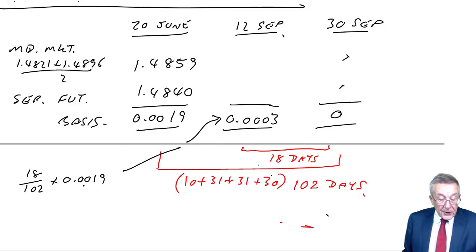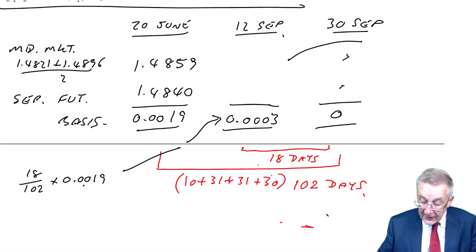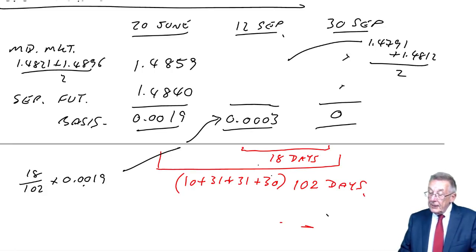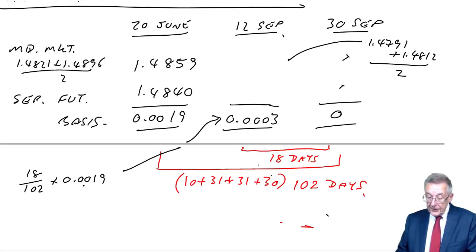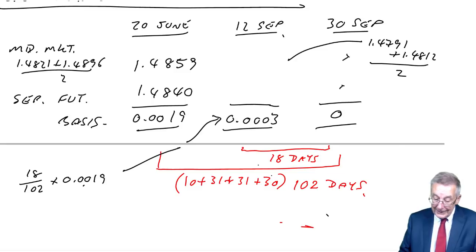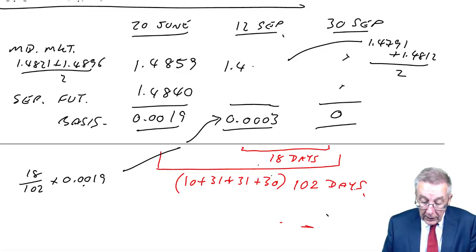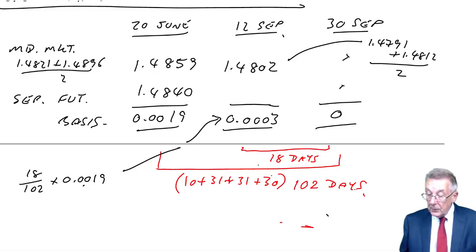However, now we're there, are we not? Because we know what the spot rate is on 12th of September, so the mid-market price is the average: 1.4791 plus 1.4812 over 2. So 1.4791 plus 1.4812 is 1.4802.